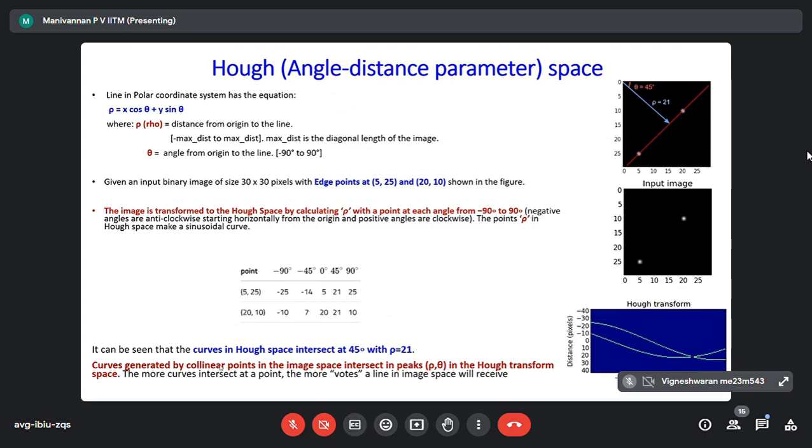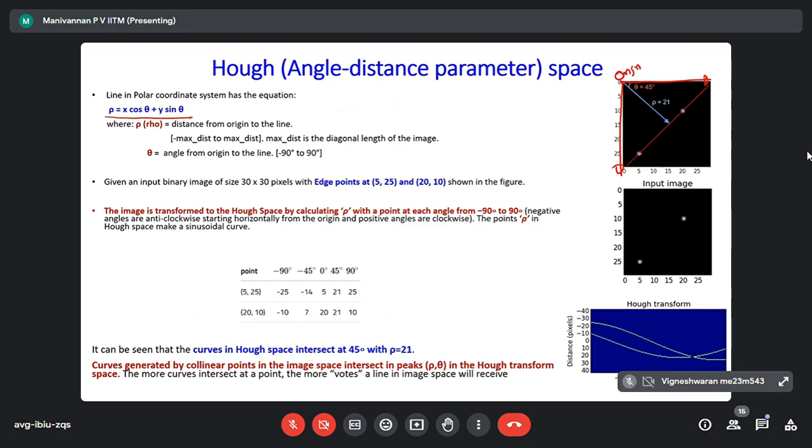Now, the line can also be expressed in terms of the polar coordinate system. Rho is the distance from the origin. These are my 2 axes, and this is the origin. From the origin, there is a line passing.